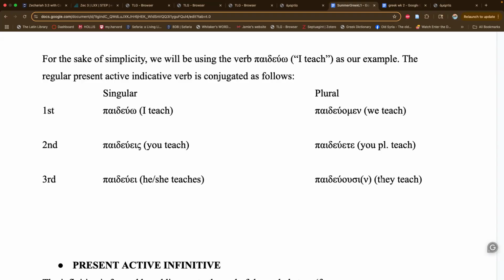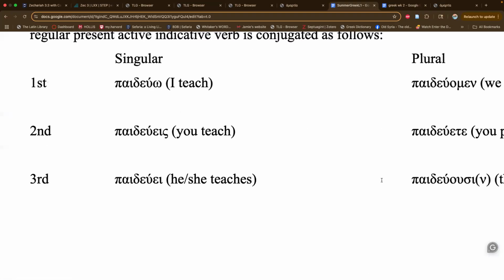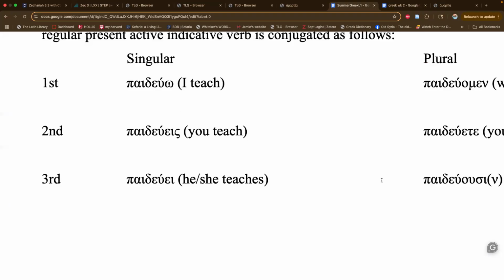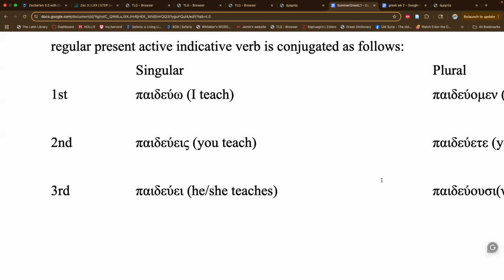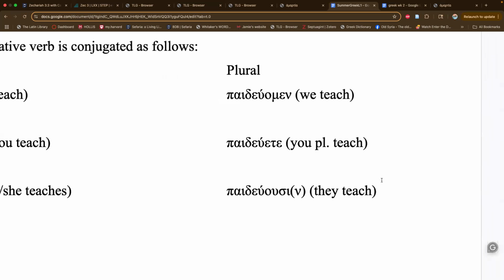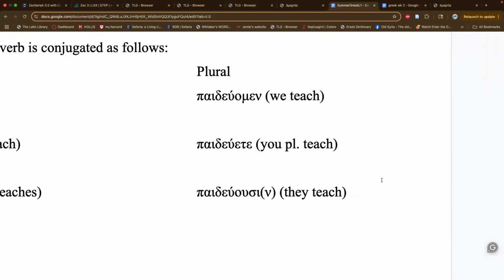Lego, legeis, legei, legomen, legete, legousi. So that's I, you, he or she. And then in the plural, legomen, legete, legousi. So we, you plural, they.